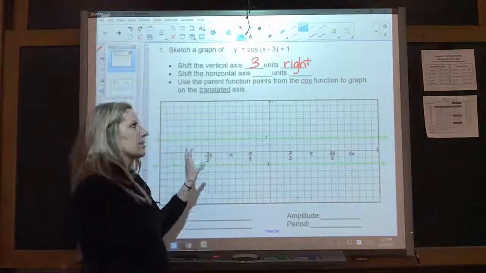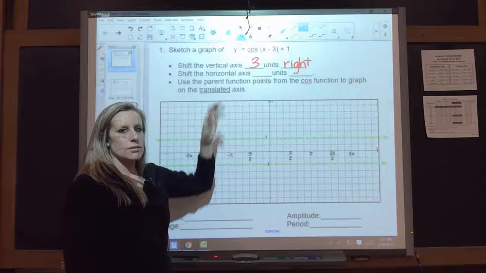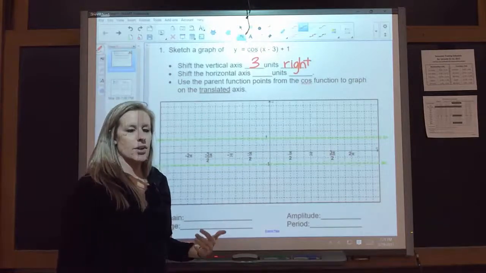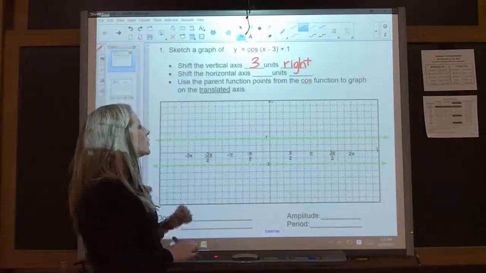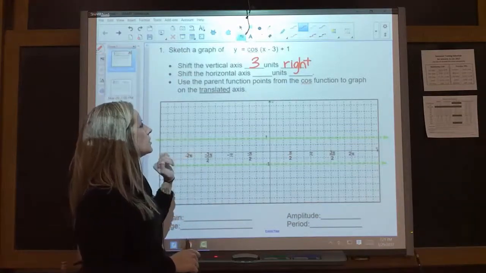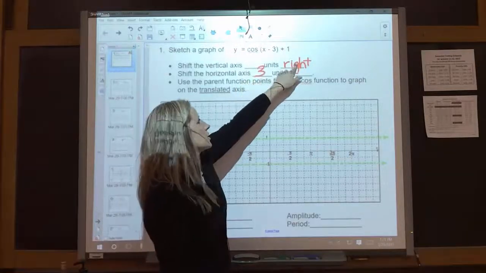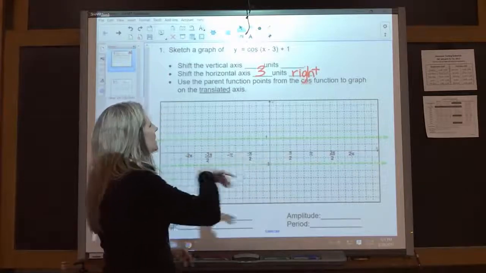And before you graph anything of the new function, go ahead and fill this out, fill in your questions, and kind of get a game plan together on how you're going to graph it. Your horizontal shift, oh, I'm sorry. That 3 units to the right, that's your horizontal. Oh yeah, horizontal is left to right.